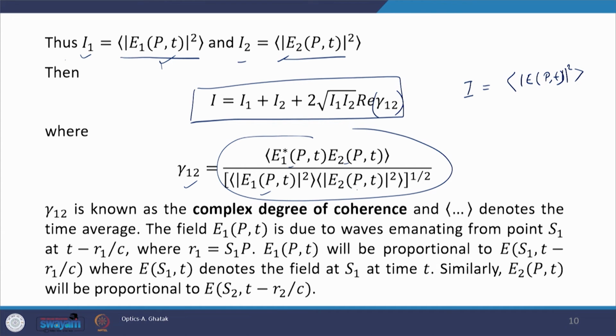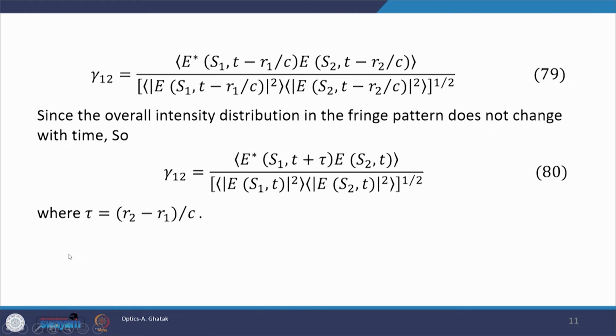They all are calculated at point P on the screen, and at time T, the time of observation of this field at point P. This gamma is known as the complex degree of coherence, and the terms within the angle brackets denote time average. The field E1(P,T) is due to waves emanating from point source S1 at some earlier time, and what is this earlier time?